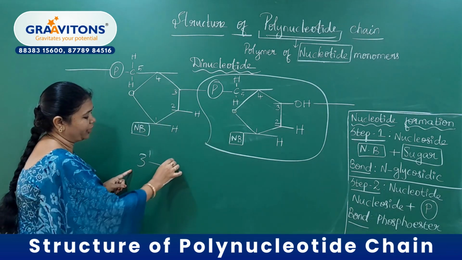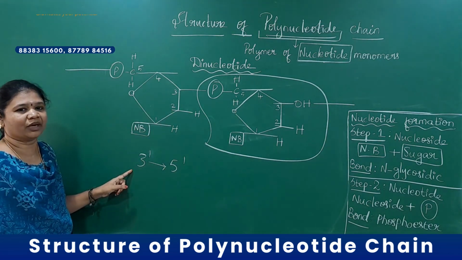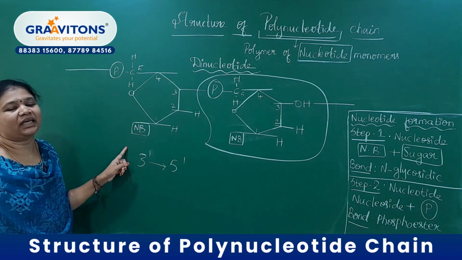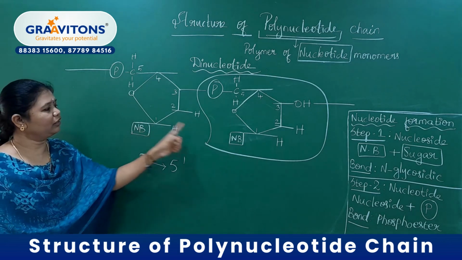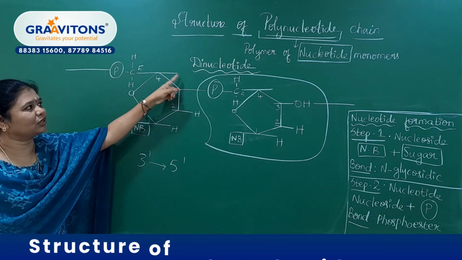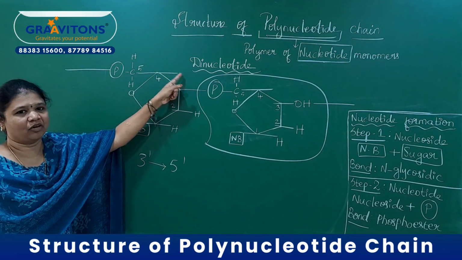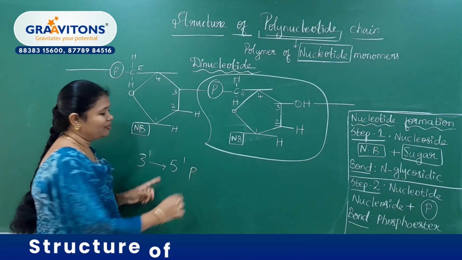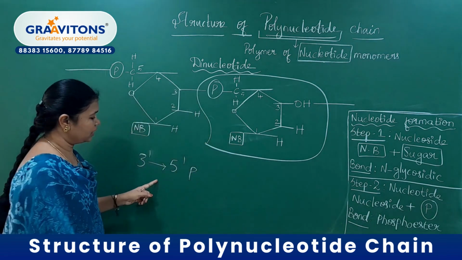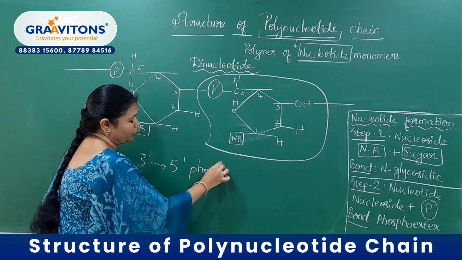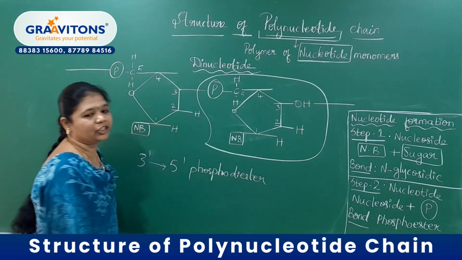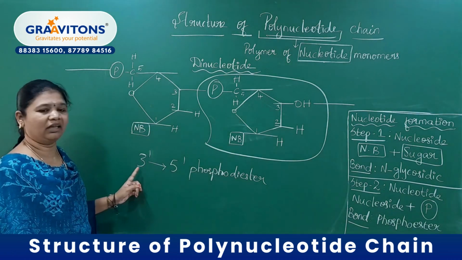In the 3 to 5 direction, a phosphodiester linkage forms and the two nucleotides attach. Now this structure is known as the dinucleotide structure. A phosphodiester linkage will be formed, and the orientation is 3 to 5.